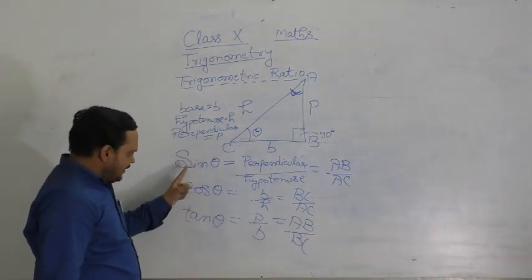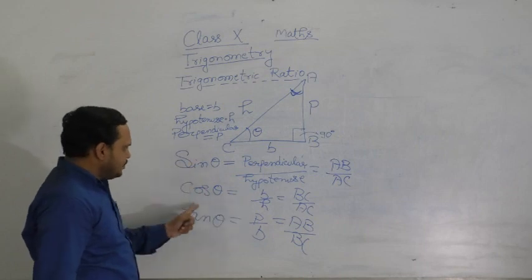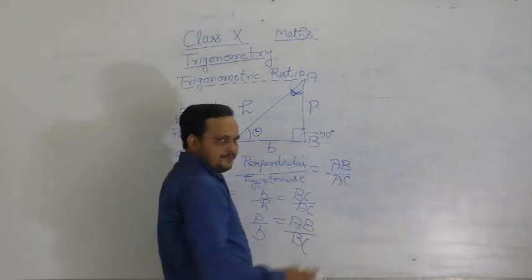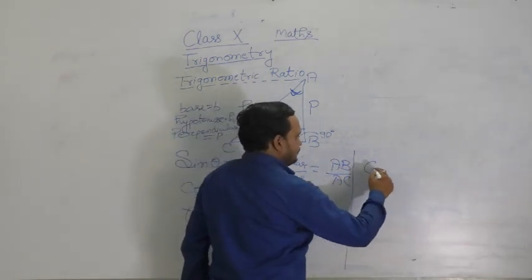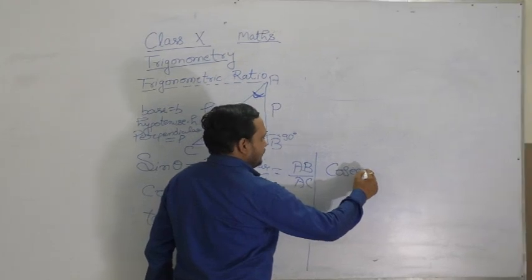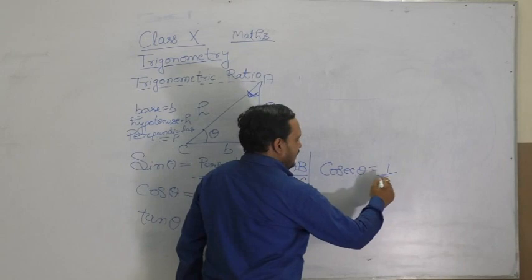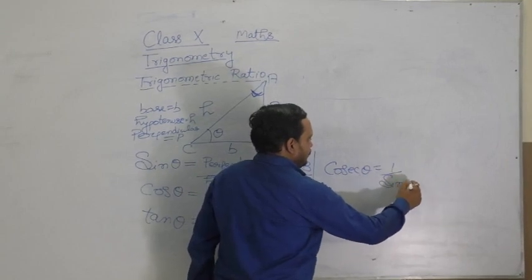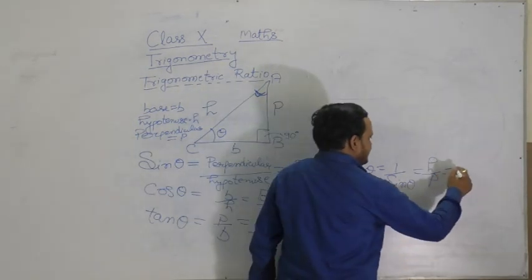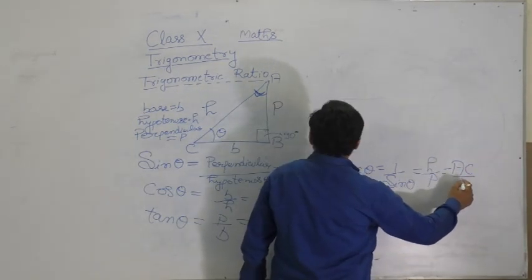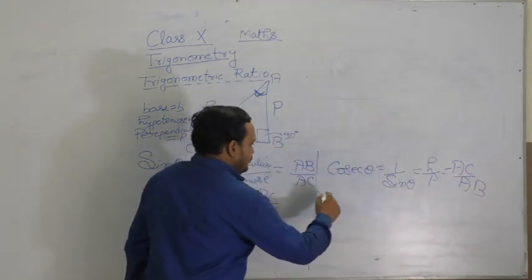After these three ratios, the next three ratios are just the reciprocals of these three. Let us consider cosec theta. Cosec theta is the reciprocal, 1 by sin theta, and you can say it is hypotenuse by perpendicular, that is AC by AB. Now come to sec theta.